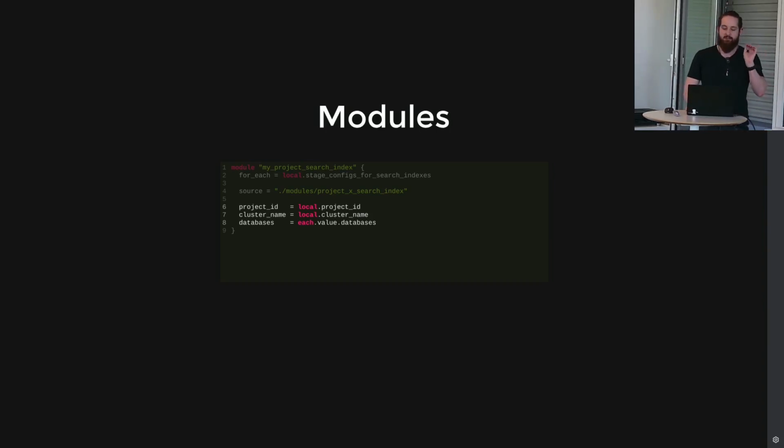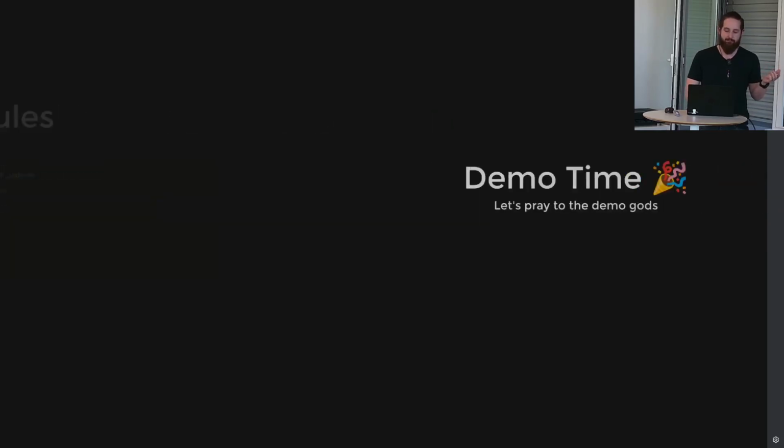I only defined those search indexes in the module, and everyone that uses those search indexes can use the module. And there's also the fun part. In every module or every declaration you can use for_each. This will give you crazy fast build-ups when you say, hey, I need those search indexes for every stage, for every database. I'm just going to place for_each, give it the list of where it should place it, and that's it.